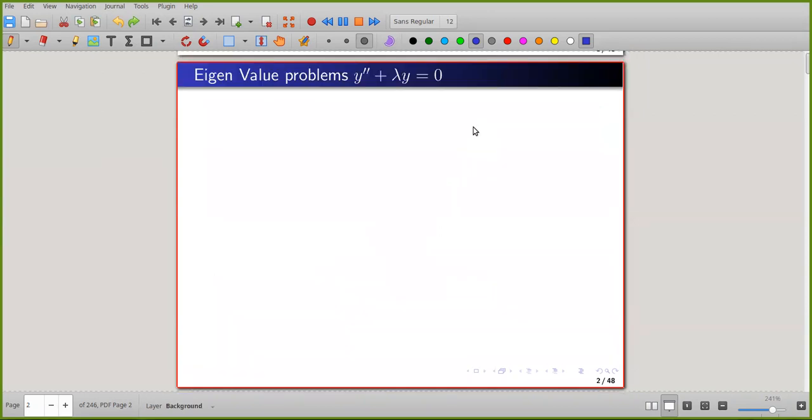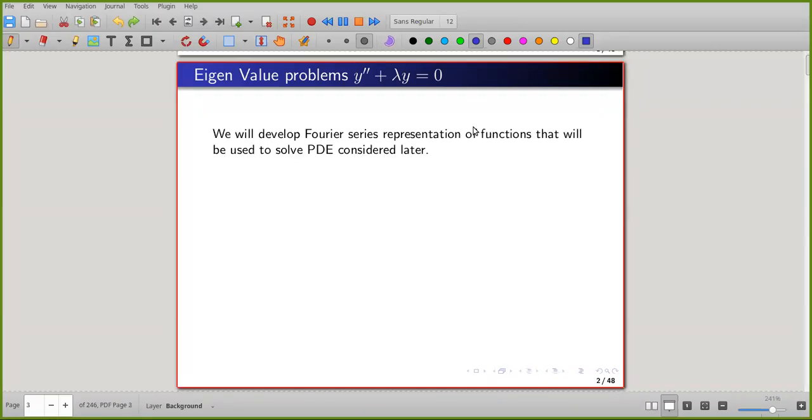Let's begin. We are going to begin with some eigenvalue problems. Let me explain first what it means when we use the term eigenvalue problems. Like, what kind of problems are we talking about? The motivation for this is to develop Fourier series representations of functions that will be used to solve PDEs considered later.